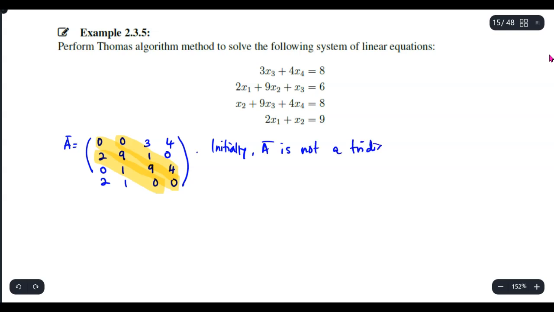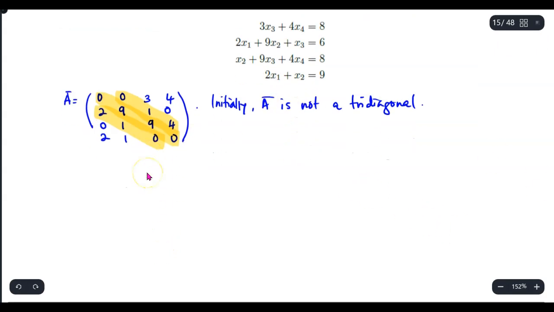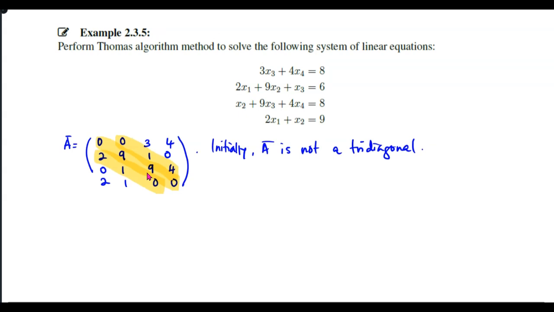So what do we need to do? We need to rearrange A. It means that you need to try to swap rows so that you can come out with a tridiagonal matrix. Maybe you want to write down your tridiagonal matrix for a 4 by 4 system.